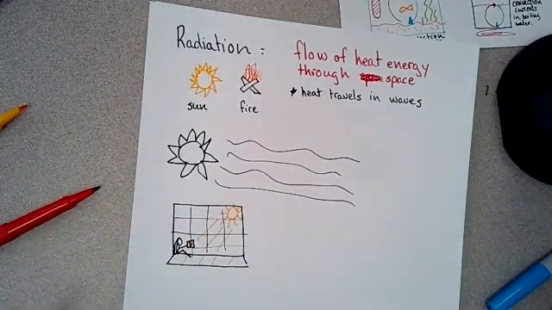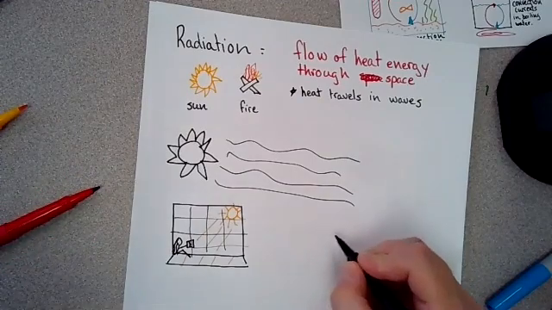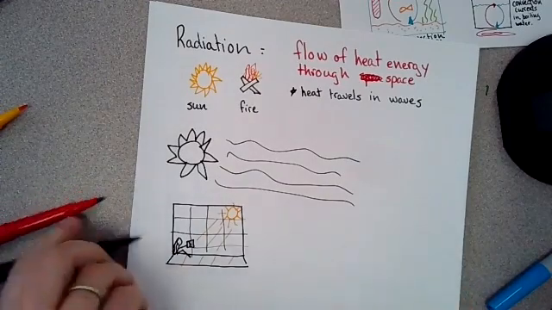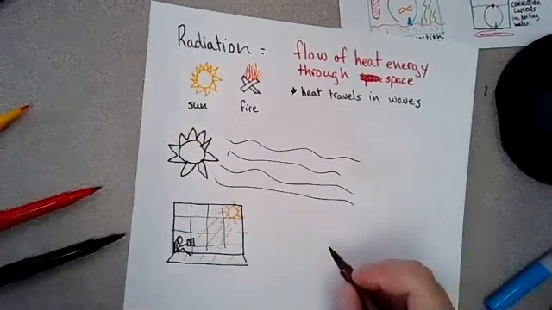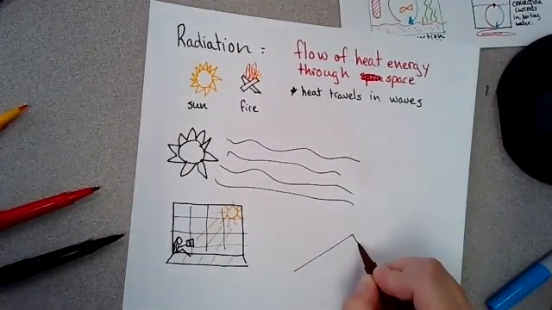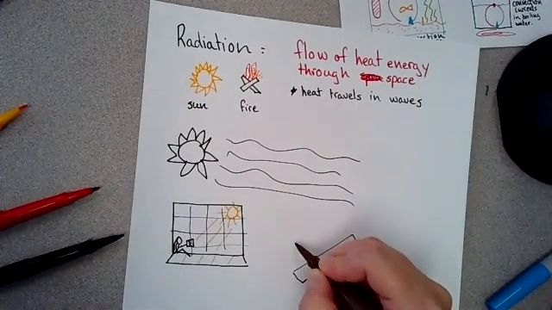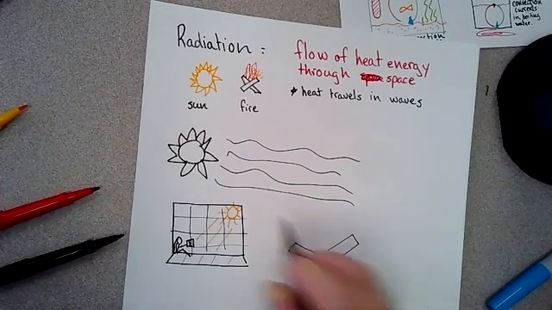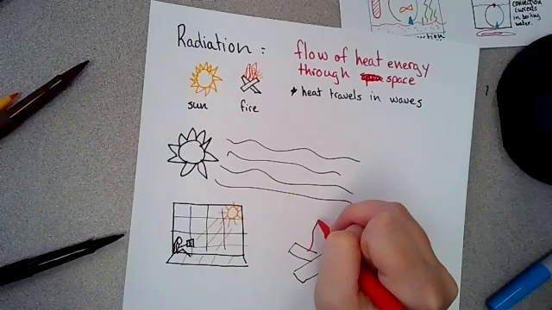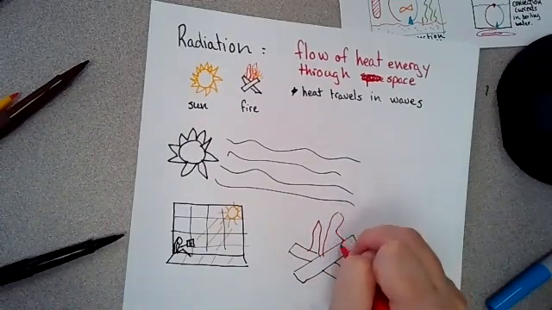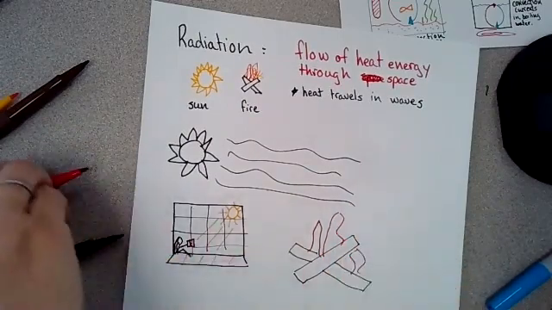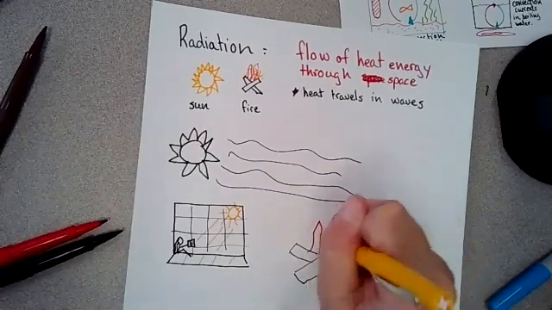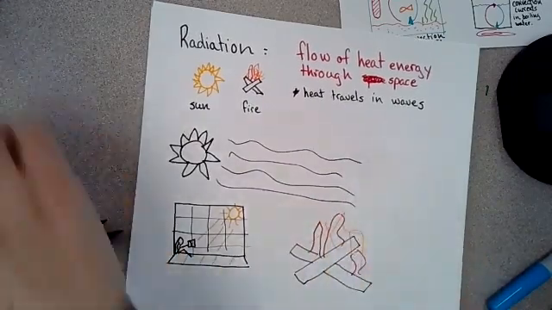And the last example obviously is the campfire. If you've got a campfire, I'm going to draw one here, and forgive me, I don't draw very well. You don't have to be standing on top of the campfire. You don't even have to be touching the campfire. You can be over here.